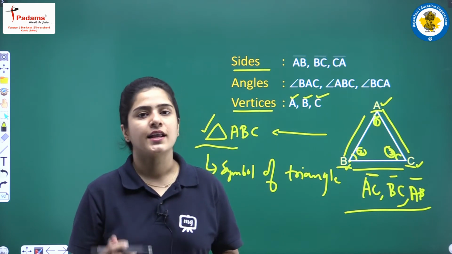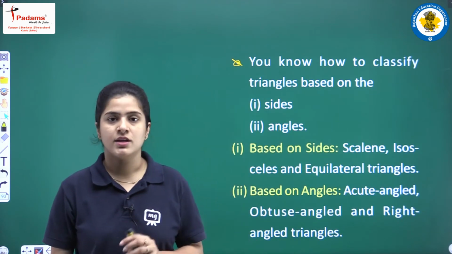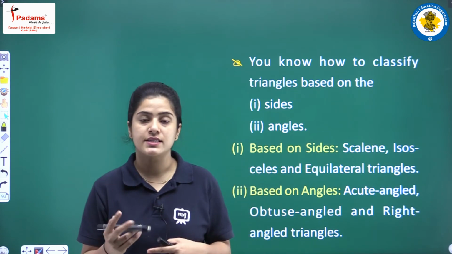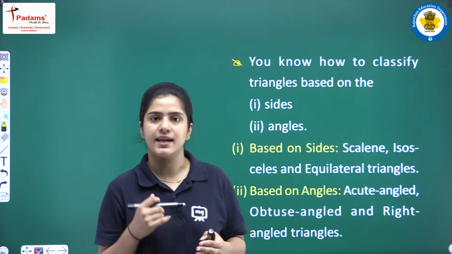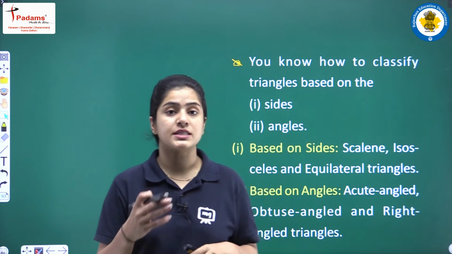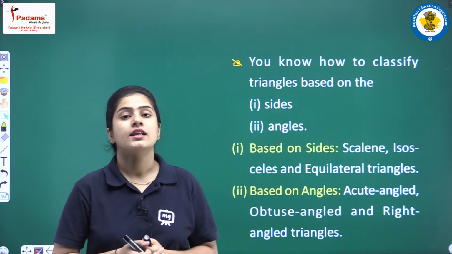Okay, students, now we'll be discussing how we can classify the triangle. Students, we can classify the triangles based upon 2 categories. Firstly, we are going to classify the triangle on the basis of the sides. If I have to say how many types of triangles there are on the basis of sides, then I answer 3 types.